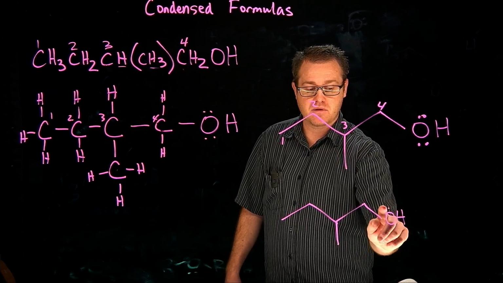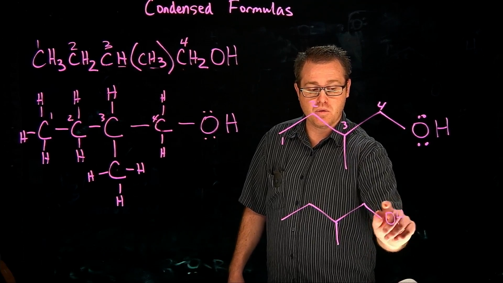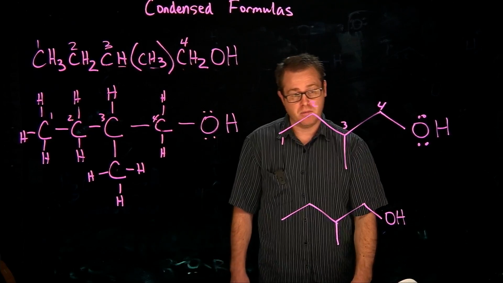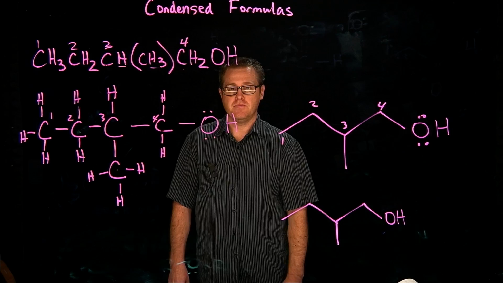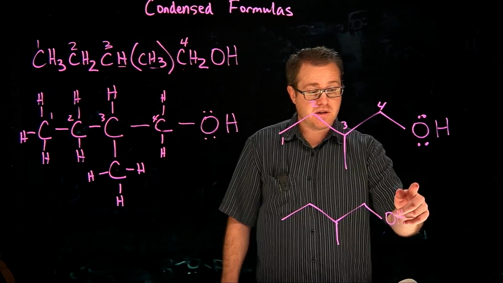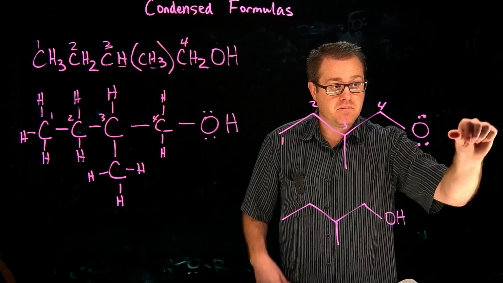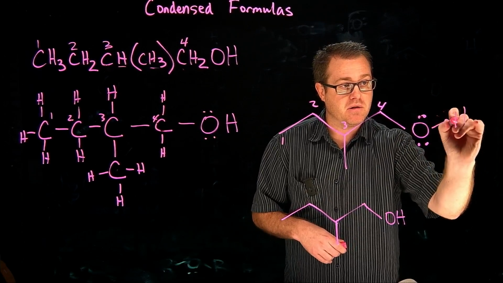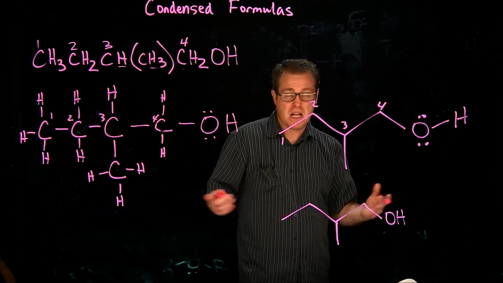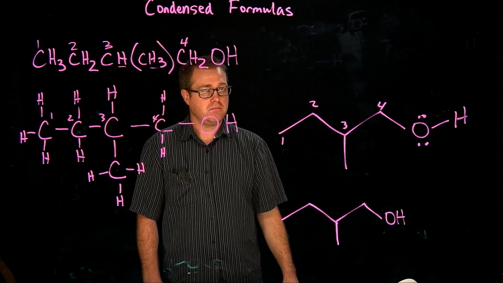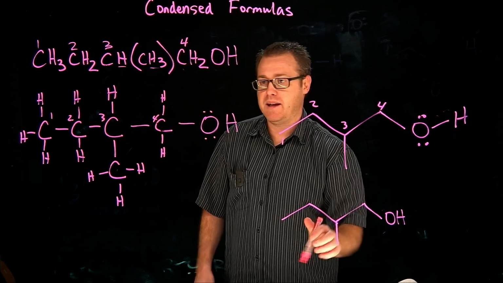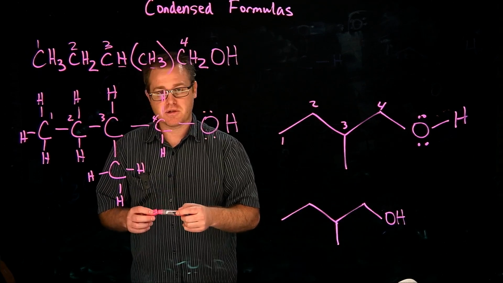Others do not. There's really no rule that says you have to include the lone pairs. You could also draw the bond to the hydrogen. That's okay as well. Both of those would be acceptable zigzag structures.